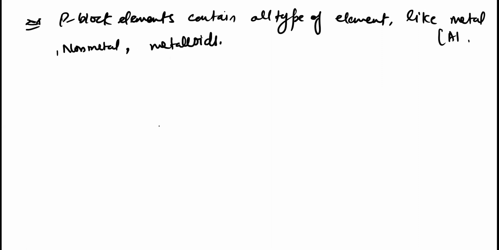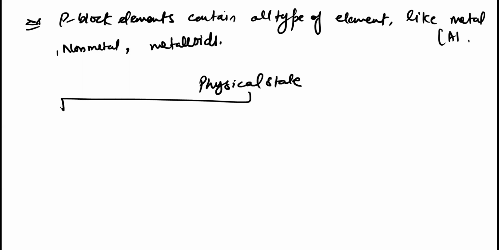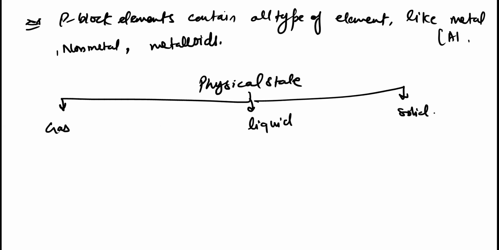Yes. We have also classified all the elements on the basis of their physical properties, like in the liquid state, like in the solid state. So on the basis of physical state, we have gases, then we have liquids, and then we have solids.